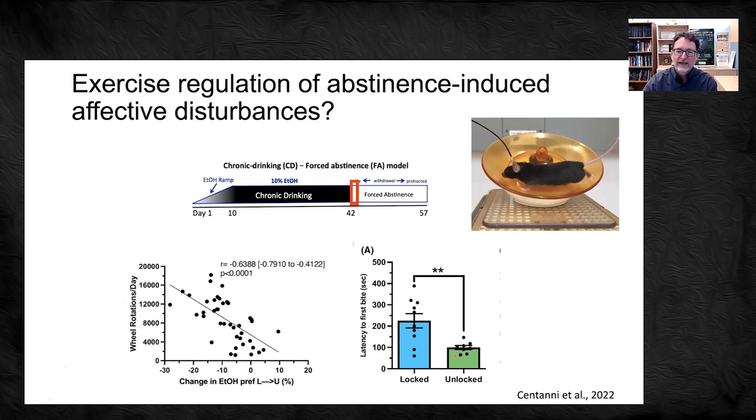You can see that in the unlocked wheel state, the latency for the NSFT task that increases in abstinence was substantially reduced in the animals that had access to these exercise wheels. And so we're very interested in continuing to pursue this potentially interesting link.